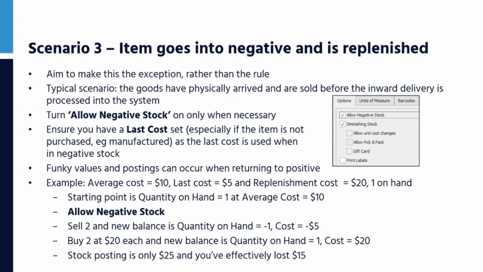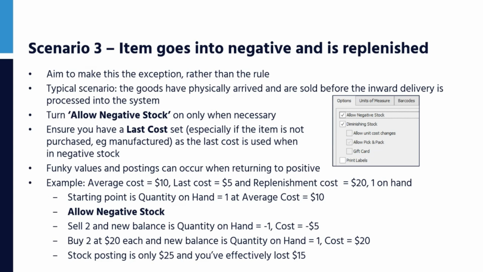If you sell two of them, it's going to say that your quantity on hand is -1 at a cost of -5, because your last cost is 5. Again, this is a slightly contrived situation because it's unusual that you would have a last cost of $5 and an average cost of 10, but it's just to illustrate the actual process. When you replenish that stock, so you buy two in at $20 each, which is the new cost, then you're going to end up with a quantity on hand of 1 and a cost of 10.